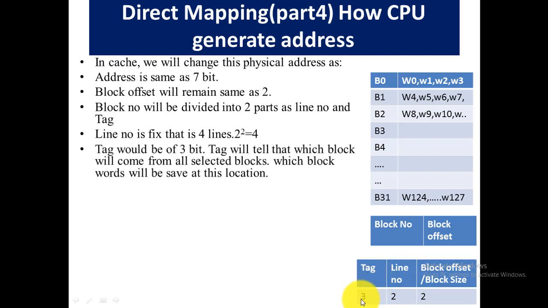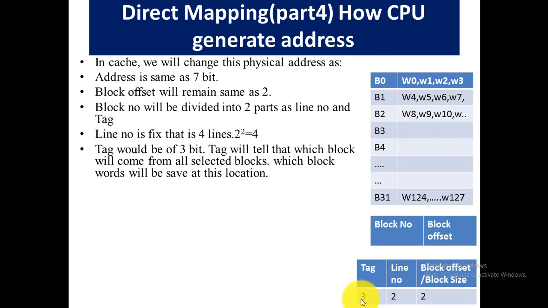Now what is the tag? The tag would be 3 bits. The tag tells which block will come from all the selected blocks. As we discussed earlier, there is a possibility in direct mapping that block 0 will come at line 0, block 1 will come at line 1, block 2 will come at line 2, and block 3 will come at line 3, right? So there are selected blocks, we have all possible blocks.